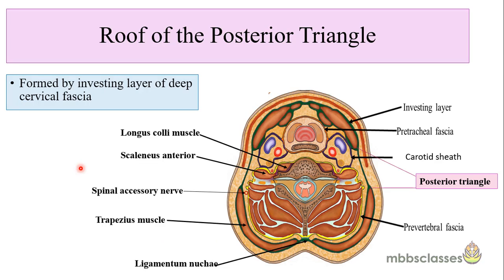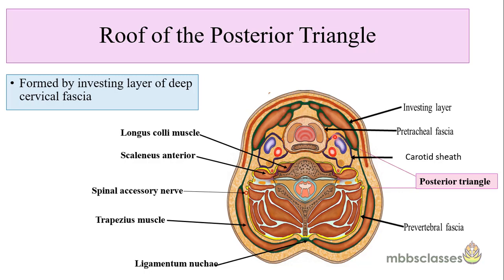In this diagram, again it is the same diagram where you can see the different fascias of the neck. To go through the details of the anatomy on cervical fascia, you can go through our video on the anatomy of deep cervical fascia. The green color is the investing layer of the deep cervical fascia. This is the pretracheal fascia.